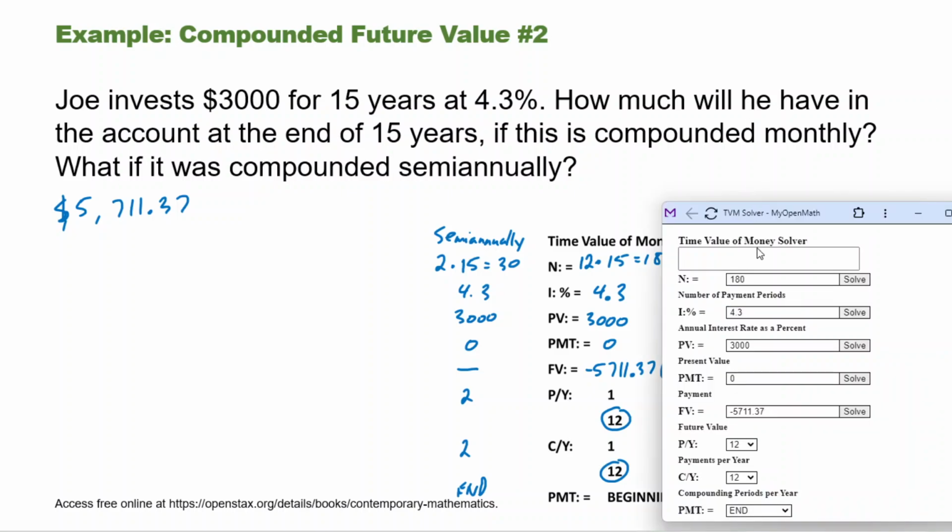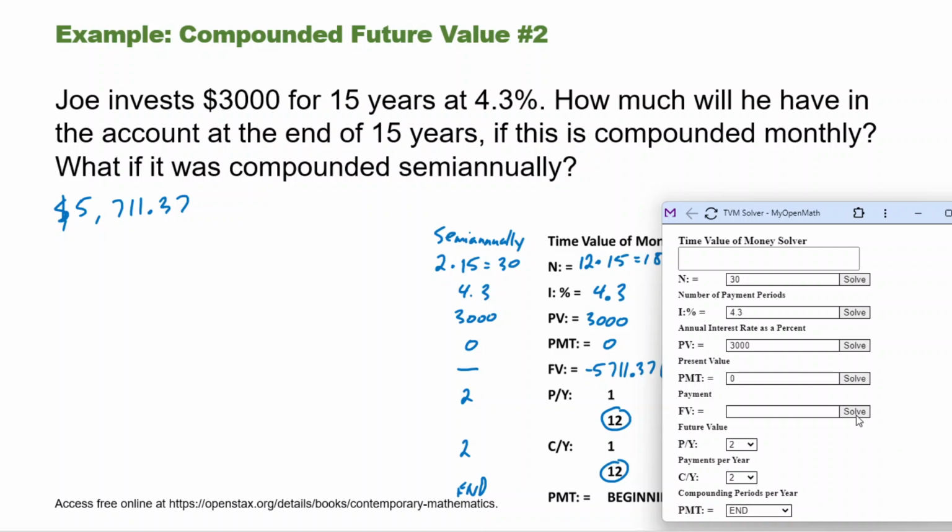So if I go back to my TVM solver, replace those values, N equals 30, I is 4.3, present value is 3,000, payment is 0, future value is blank, P/Y, C/Y are both 2, and leave it at end.